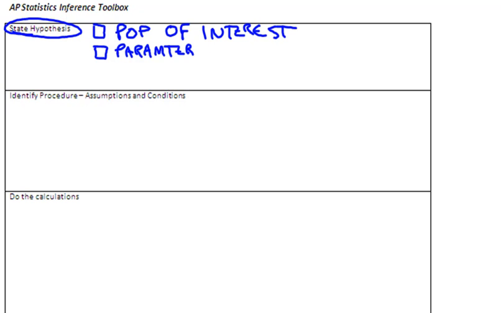All right. So the population could be all high school seniors that are going to college. And the parameter of interest could be what is their average SAT score. Okay. So in that case, the parameter of interest is a mean.